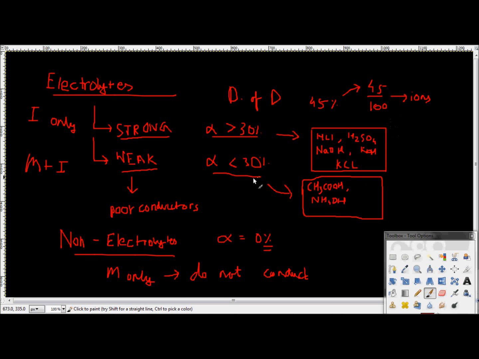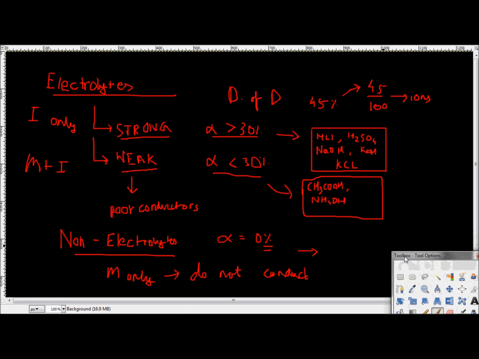And also, non-electrolytes. Some of the common ones: distilled water. And distilled because absolutely clean water containing no impurities will have nothing to conduct the electricity. Ordinary water on its own will conduct electricity, since it has some impurities.